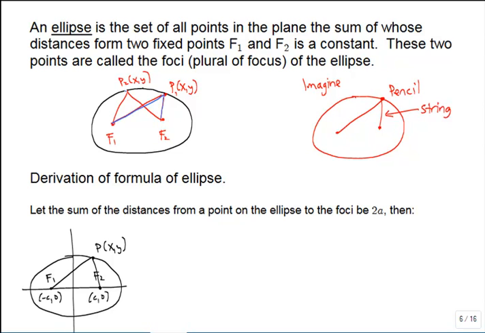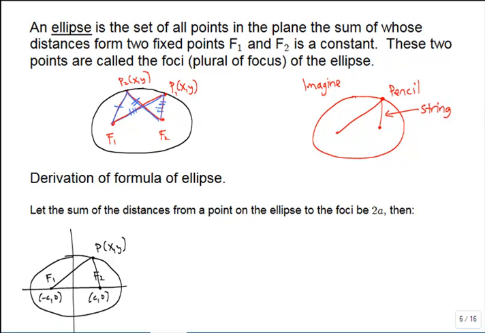So if I move to point P2, then the distance between the focus F1 and P2 plus the distance between P2 and F2, if I add up these 2 lengths, it should be the same length as between here and here. So the sum of these 2 has to equal the sum of these 2.